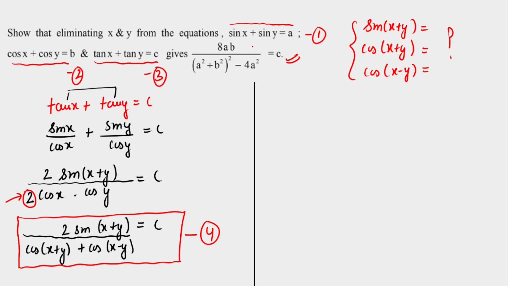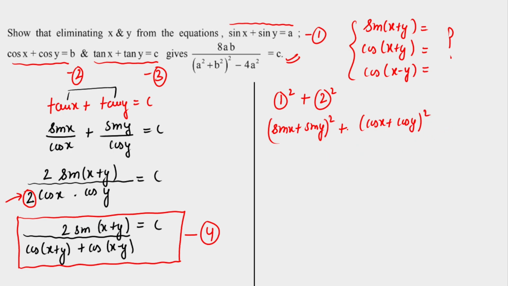So I'm going to start with the calculation of cos of x minus y, and also cos of x plus y. How to generate these? I'm going to take the first equation and square it, plus the second equation squared. So sine of x plus sine y whole square plus cos of x plus cos of y whole square.